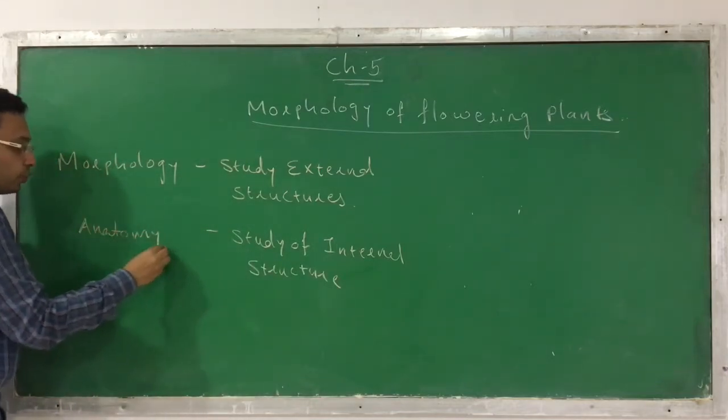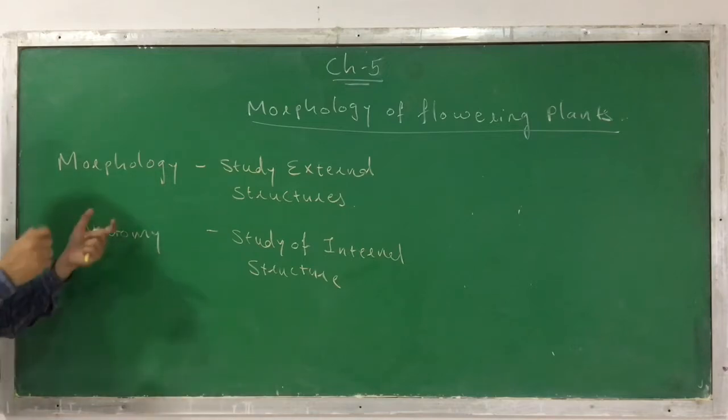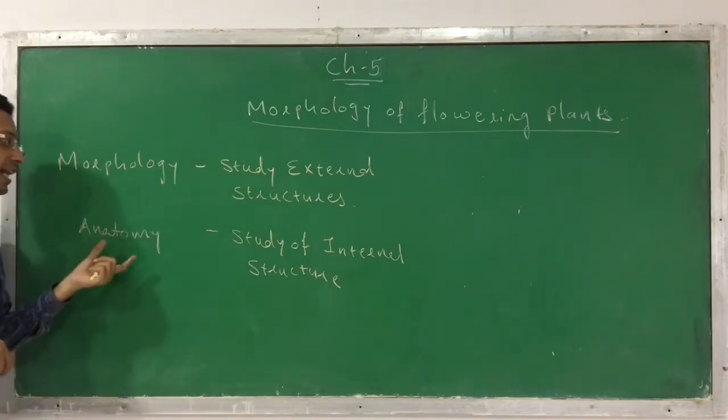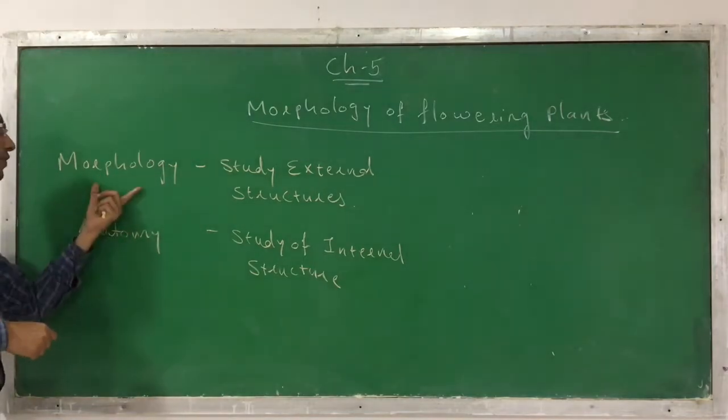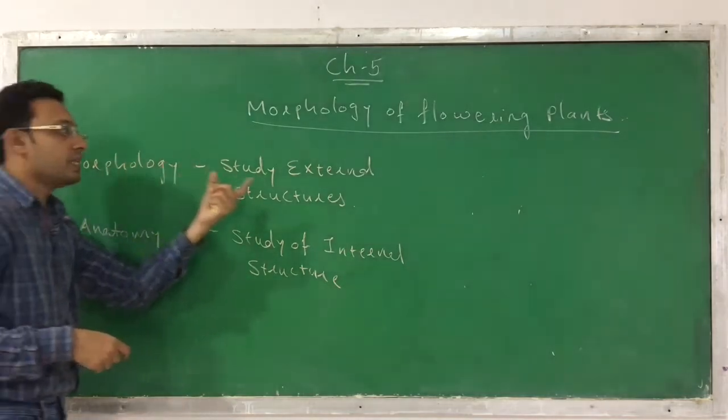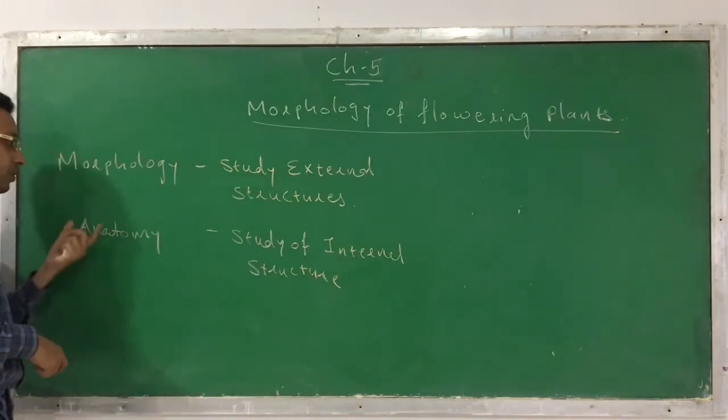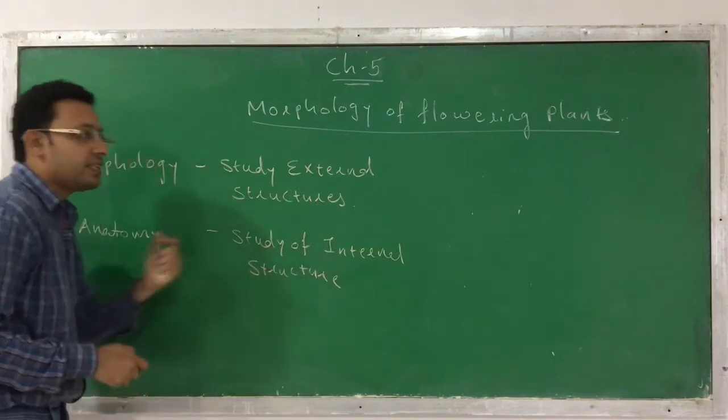So these are the two terms which you have to remember: morphology and anatomy. What is morphology? Morphology means a study of external structures. What is anatomy? Anatomy means study of internal structure.